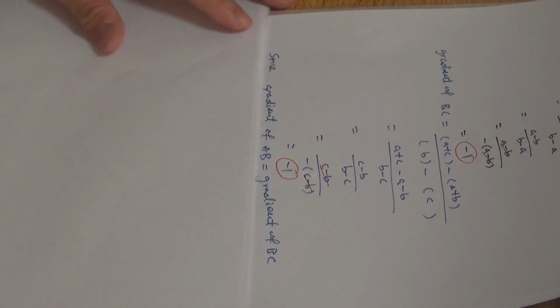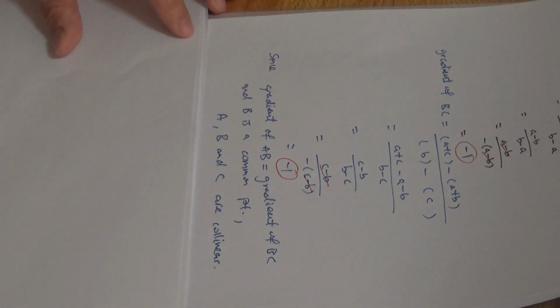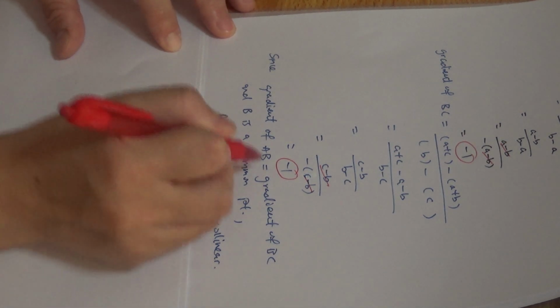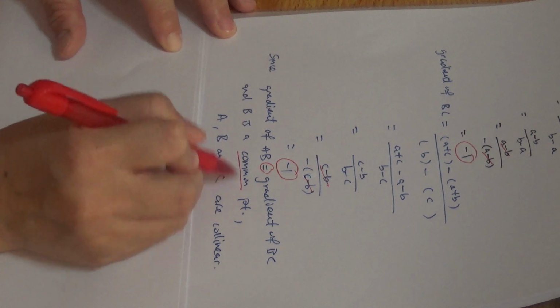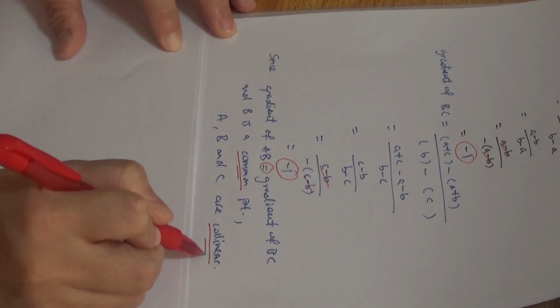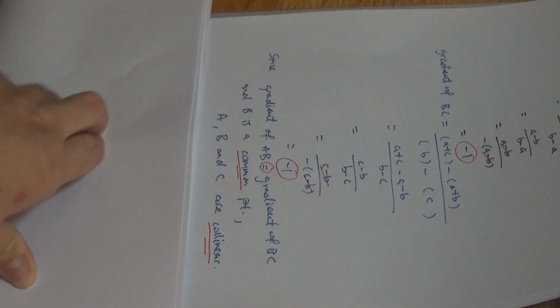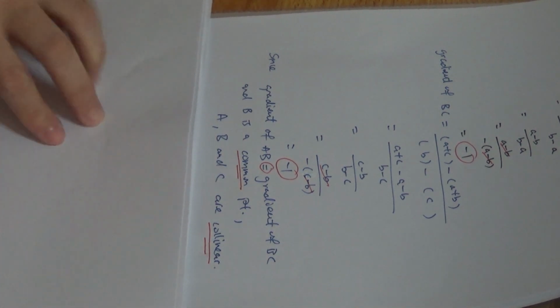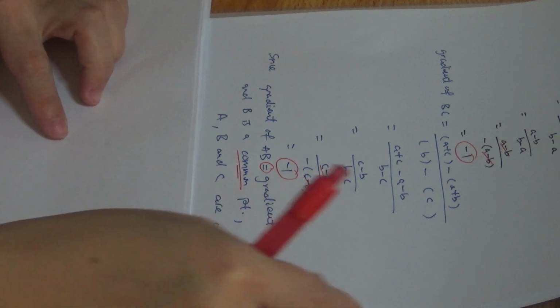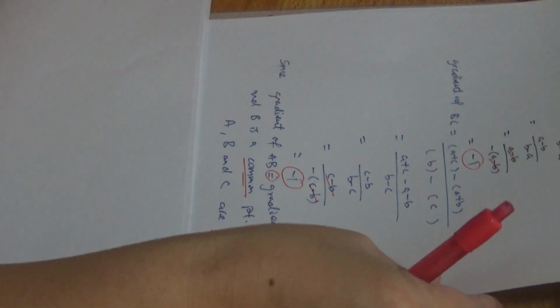So we have, since gradient of AB is equal to gradient of BC, and B is a common point, A, B, and C are collinear. We must prove that the gradients are equal and there's a common point before we can conclude that they are collinear. Okay, these are the 3 points that you need to know. Okay, that will complete our question number 12.